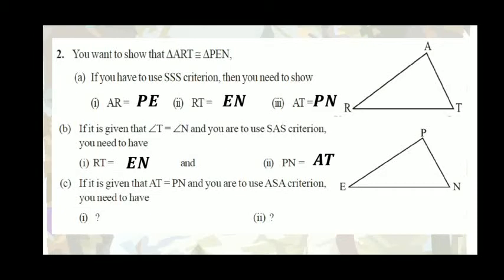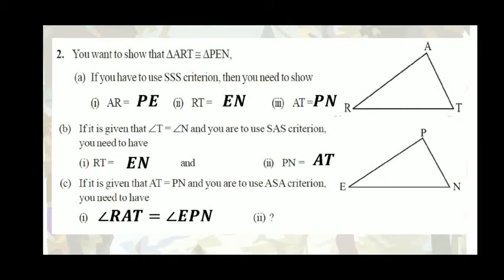Now in the last question, if you are given that AT and PN are equal and you are to use ASA criterion, you need to have which pair of angles equal? That is angle RAT and angle EPN. That simply means angle A and angle P should be equal, because here I have given you the full name so that you could understand how to write the names. If you write only angle A and angle P, that would be okay, that's also equally correct.